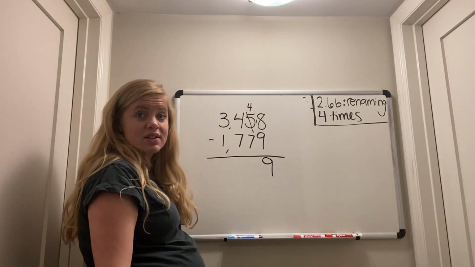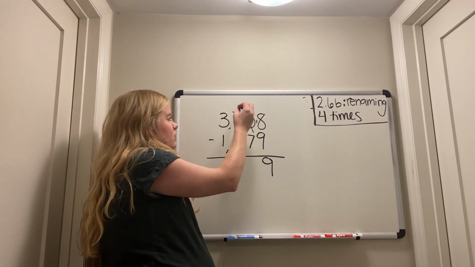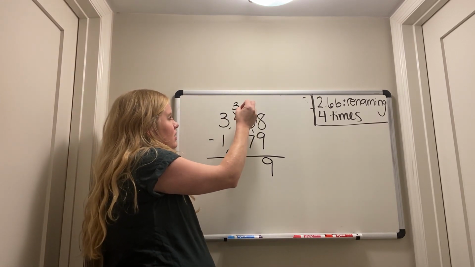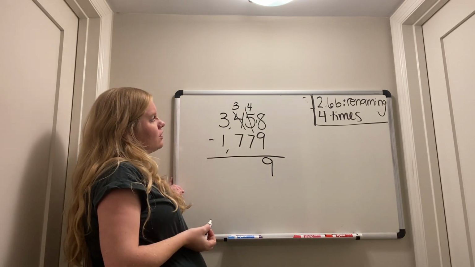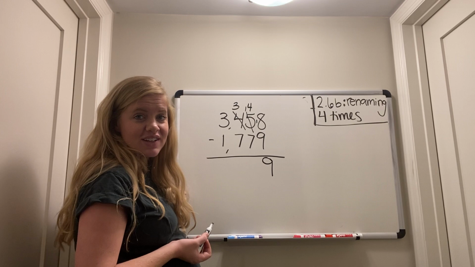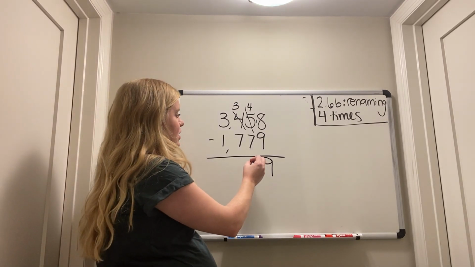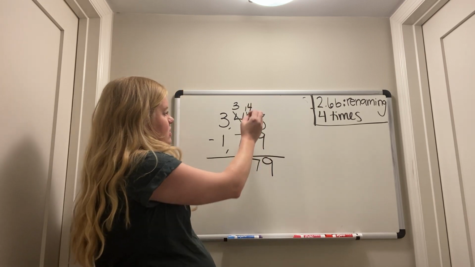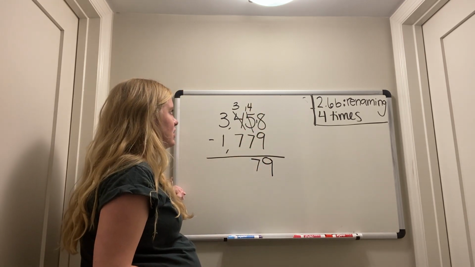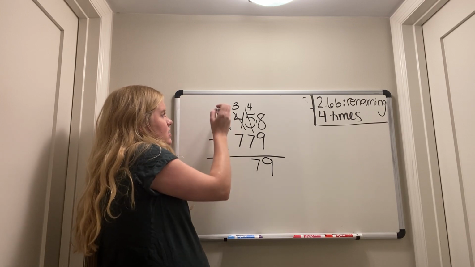Now we have a 40 and we want to subtract 70. Can we do it? No. So we have to go to the 400s place. 400 becomes a 300. 40 becomes a 140. So 140 minus 70 is 70. Good. Because remember, 14 minus 7 is 7. Now we know that we cannot subtract 7 from 3, so we go to the thousands.